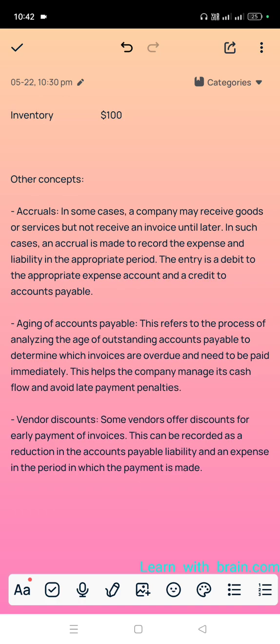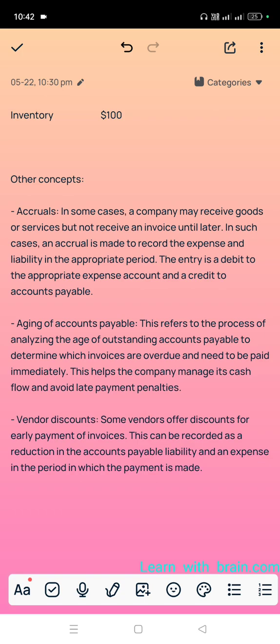Next, vendor discounts. Some vendors offer discounts for early payment of invoices. This can be recorded as a reduction in the accounts payable liability and an expense in the period in which the payment is made. For example, the vendor gives a credit period of 2 months.